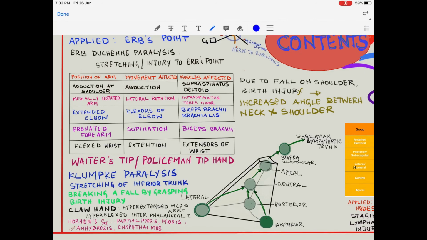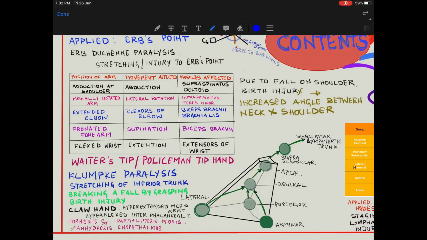This includes partial ptosis, that is drooping of eyelid, miosis means constriction of pupil, anhidrosis means absence of sweating on the affected side of face, and there is enophthalmos. Enophthalmos means sunken eyes. So these are the features of Klumpke's paralysis.